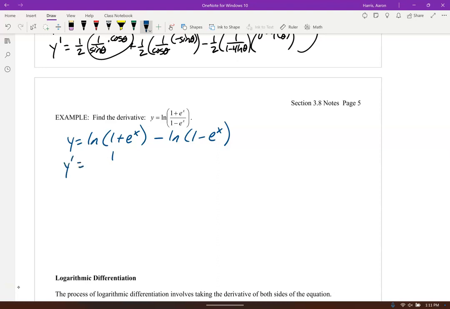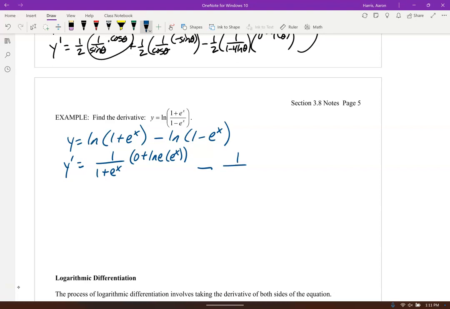So the derivative is 1 over that, but I got to take the derivative of 1 plus e to the x. Well, derivative of 1 is 0 plus ln of e times e to the x. So it's just an e to the x there. Minus, now let's take the derivative of the natural log of 1 minus e to the x.